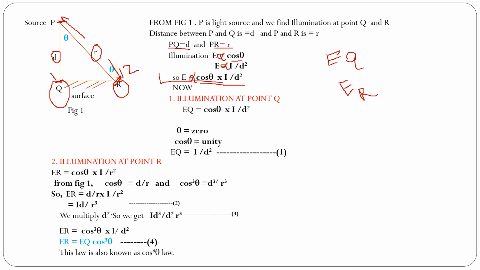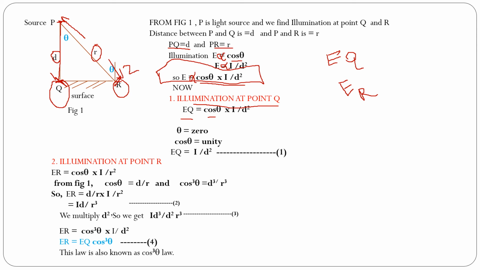Now we take this equation, first for the illumination at point Q. We consider this point Q and find the illumination at that particular point, denoted by EQ. So EQ is equal to cos theta into I by D square, because the distance between P and Q is D. The distance PQ is D, and the angle here is 0.